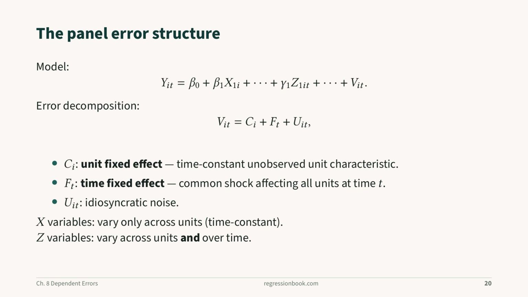The panel error structure has 3 parts: a unit fixed effect, the time constant unobserved character of each unit; a time fixed effect, the common shock hitting all units in a period; and idiosyncratic noise. One notational distinction to hold: some variables vary only across units, while others vary across units and over time, and only the latter survive what comes next.